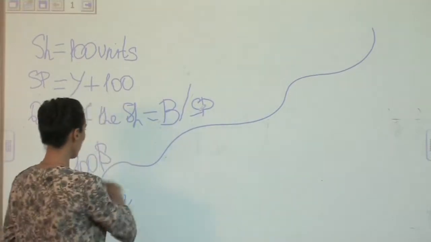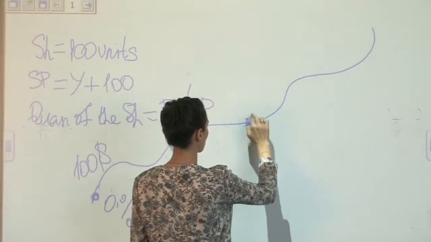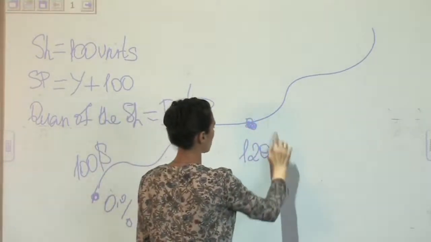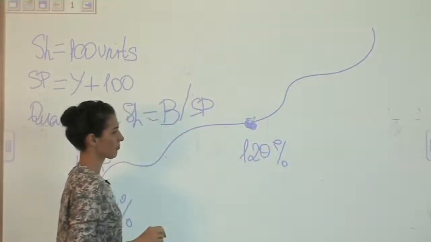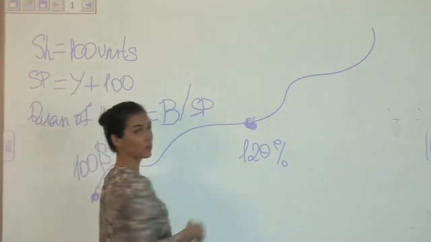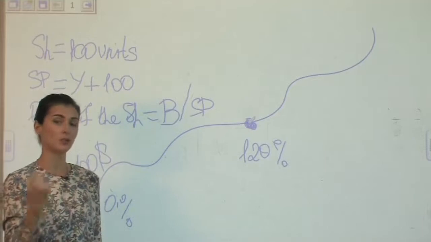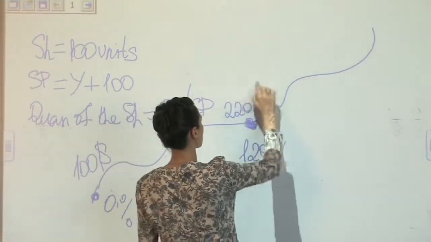Let's guess you invest in the PAMM account at this point: 120%, this is the rate of return. So the share price is equal to 120 plus 100, $220.